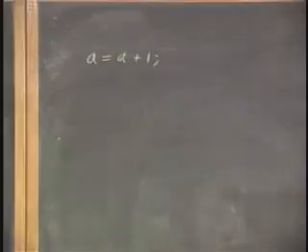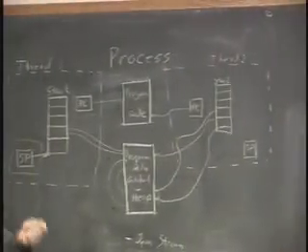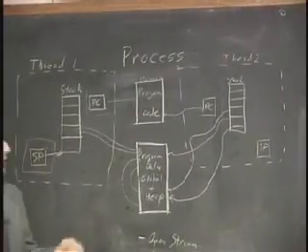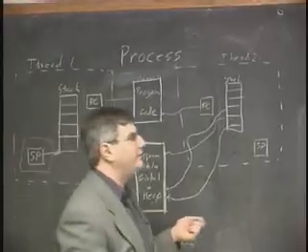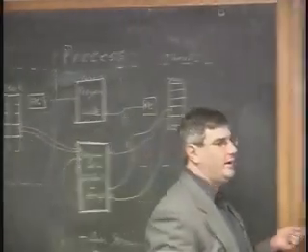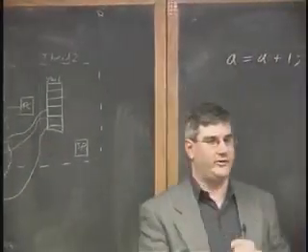Now, we said that these threads can share data. If they both happen to have a reference to the same object in memory, they're sharing it. And if they are both accessing it, reading and writing it, you have to be very careful, because you have no idea in what order these things are going to happen.